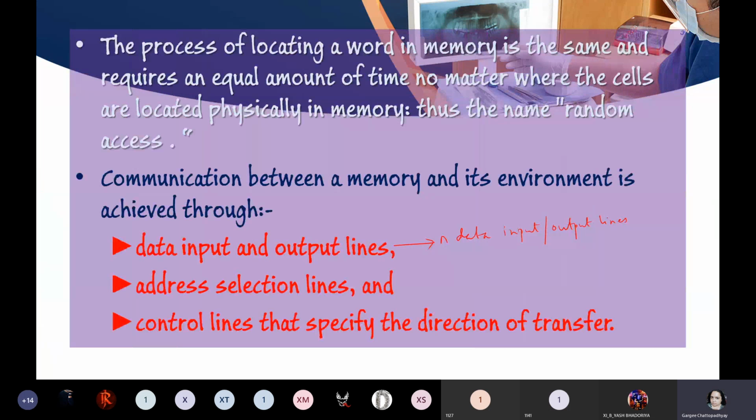So take a look and just remember these 3 points. This represents the k address lines, and control lines refer to read or write.